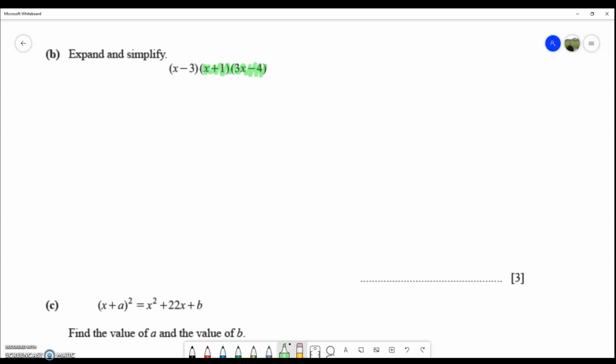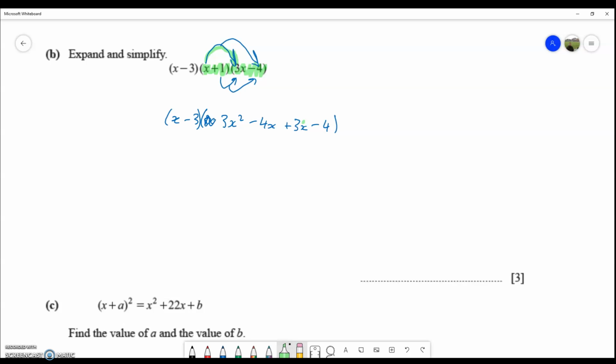So if we start off with this one, remembering our expanding rules, so FOIL, we can end up with x minus 3, and then we end up with 3x squared minus 4x plus 3x minus 4.